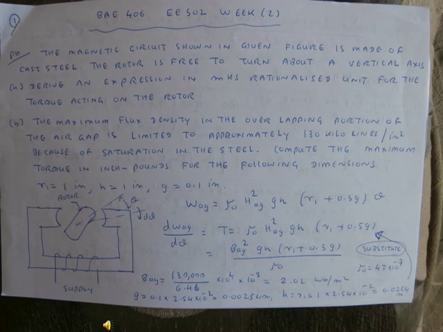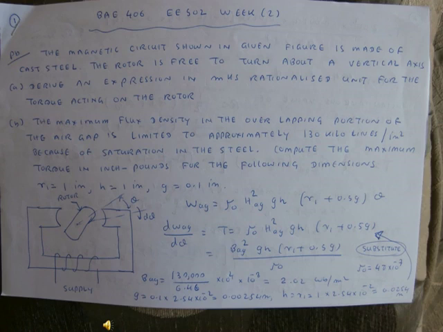So firstly, we have to calculate the energy. The air gap energy can be calculated. The equation for the air gap energy is W_AG equal to mu naught H_AG square times G H times R1 plus 0.5 G, times theta. Mu naught is the permeability. H_AG is the air gap magnetizing force, and the G and H values are given.